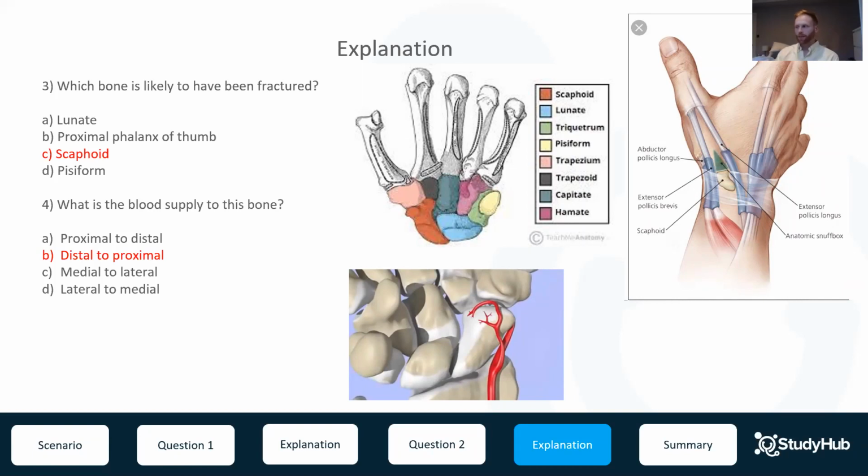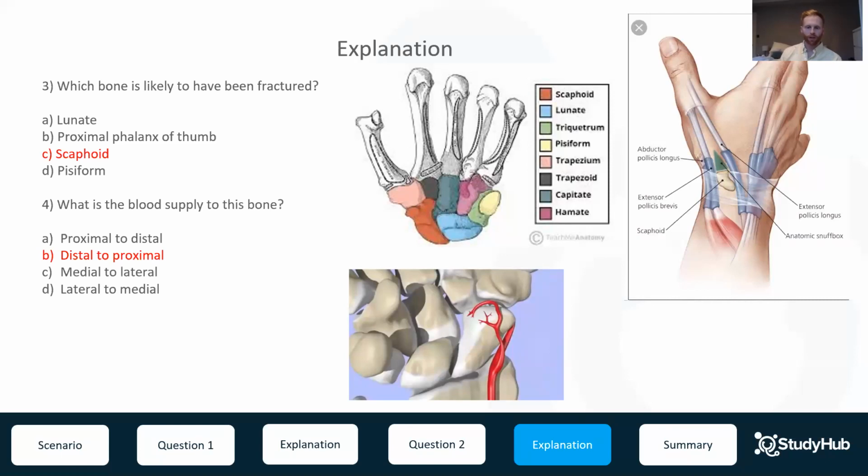Okay, now it's often in people who fall onto an outstretched hand, whether that might be flexed or extended. Actually, you can get an injury in both, but it's important not to miss, because the scaphoid has an interesting blood supply, so it runs from distal to proximal, it's a branch of the radial artery. If you damage that, then the proximal end, which is less vascularized, can have avascular necrosis, which is essentially death of the bone.